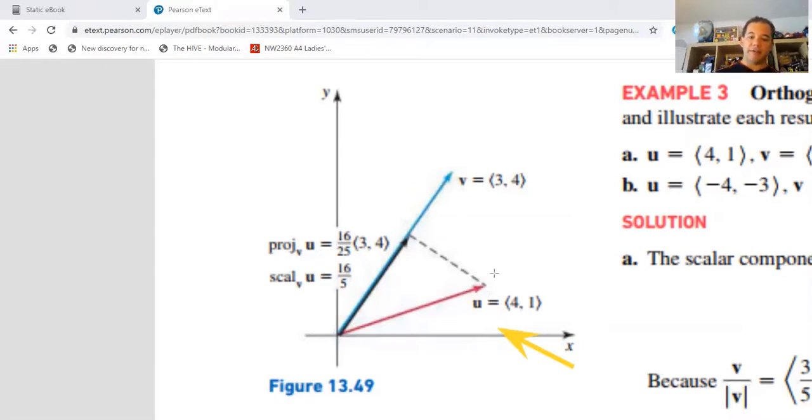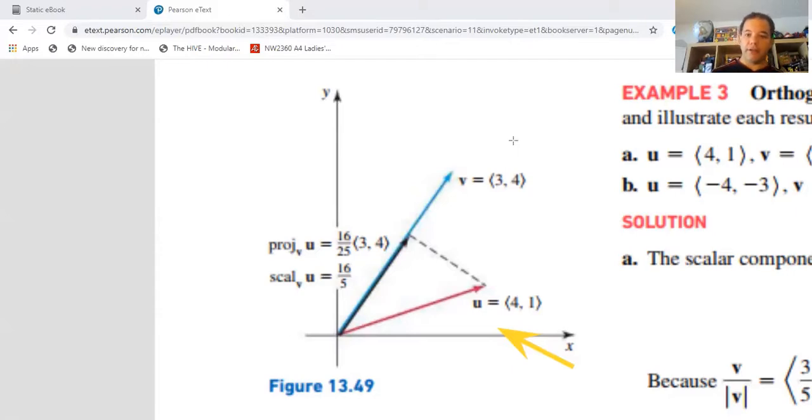The light comes from that direction and creates this shadow, the black vector. And that's the one we calculated. That vector was 16/25 of the vector 3, 4. So it's like taking the vector 3, 4 and shrinking it by a factor of 16/25. That's what we did.